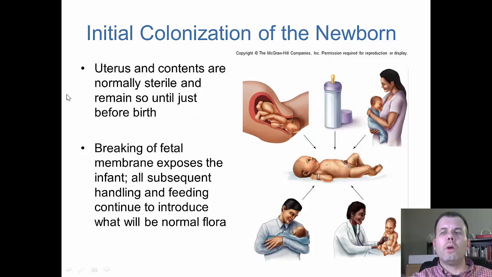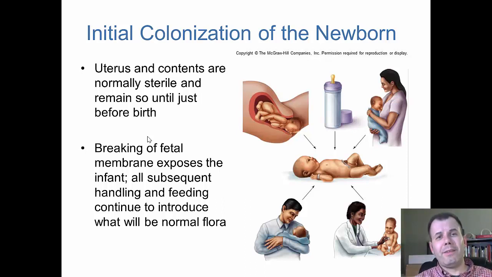All right. So where does colonization take place when you are first born? Where do these microbes come from? Well, the first microbes you encounter are during birth. As you were born, that was the first experience you had with microbes as you passed through the vaginal canal.